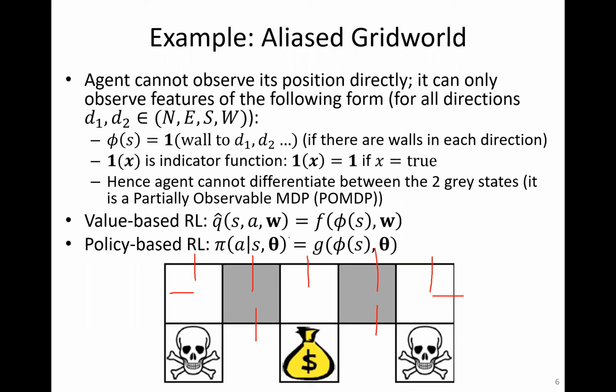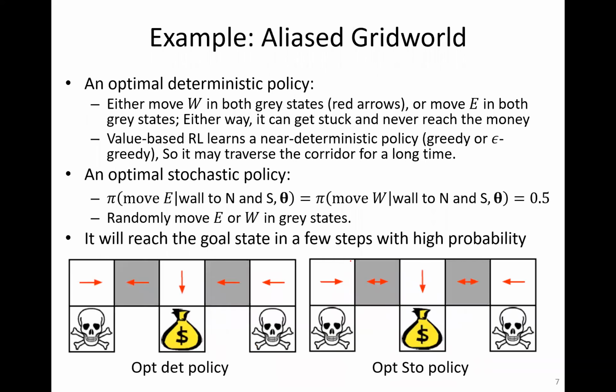So for a value-based RL, you can use a function approximation to encode the Q value function. And for policy-based RL, you can use a function to approximate the policy function.